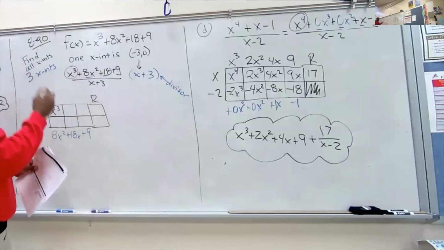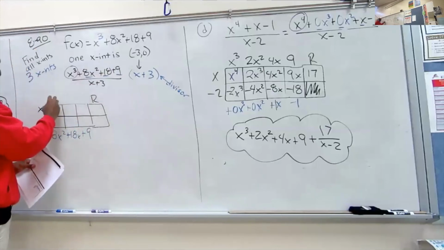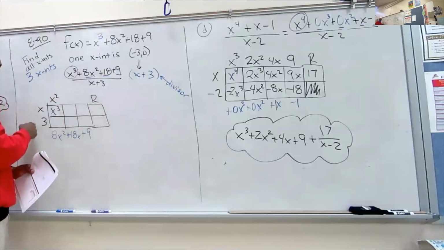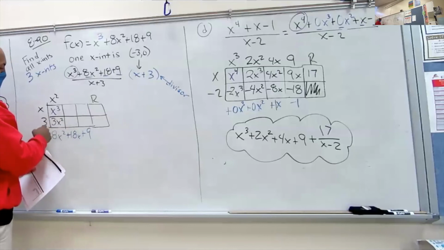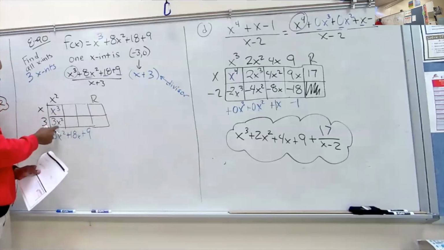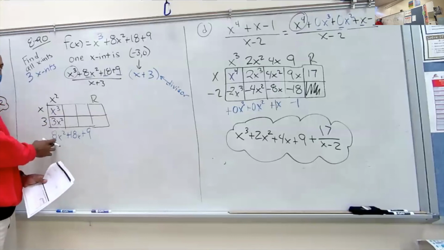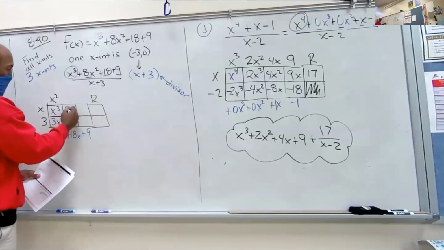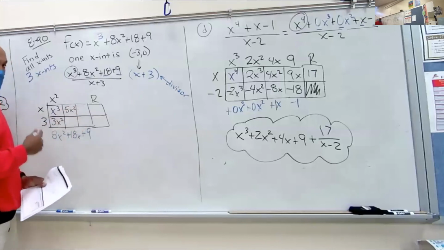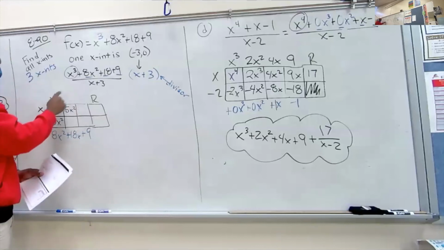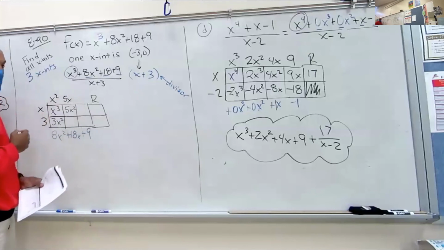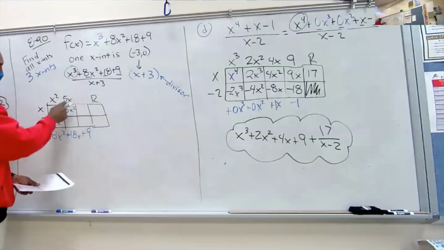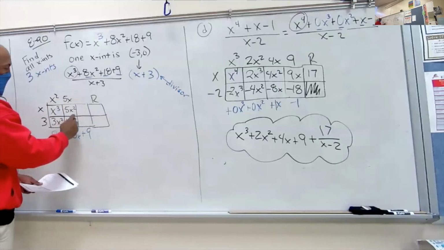Okay, so now x times x squared, then multiply 3 times x squared, 3x squared. Then 3 plus what will get me 8x squared? It's just 5. Then multiply again. X times what gives me 5x squared? 5x. Then multiply 5x times 3, 15x.